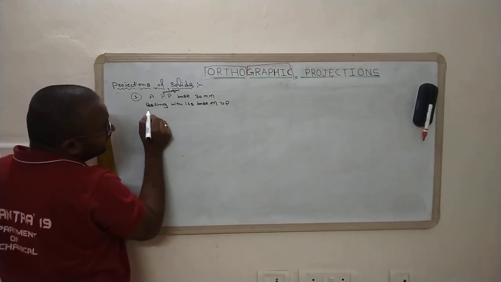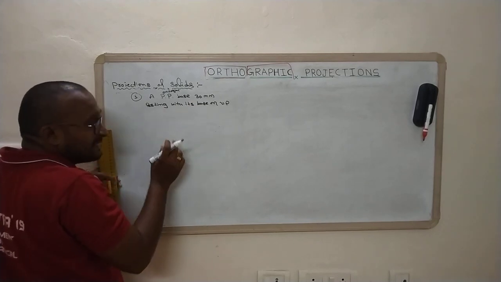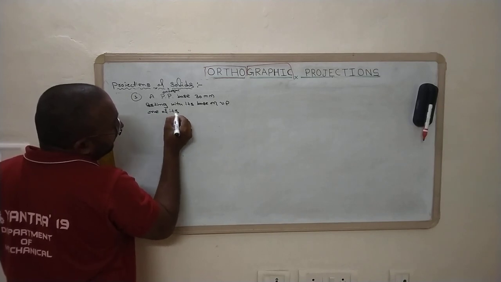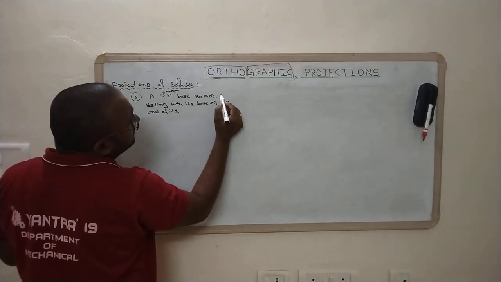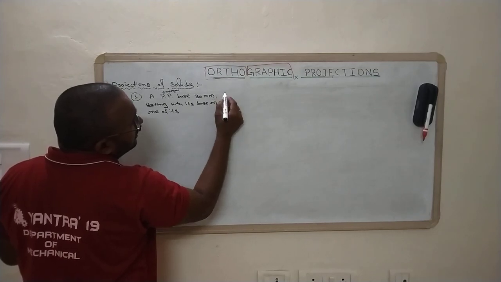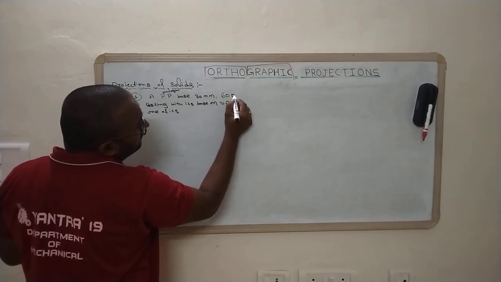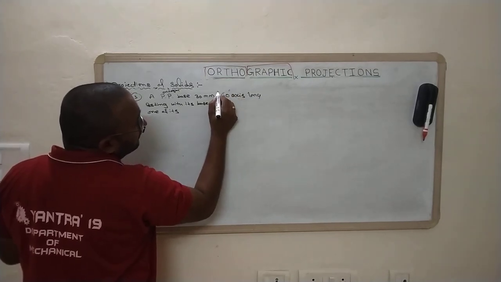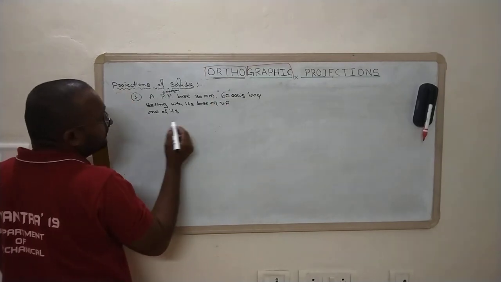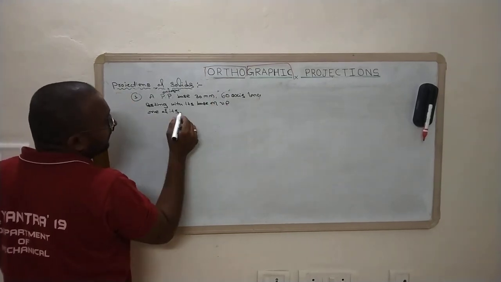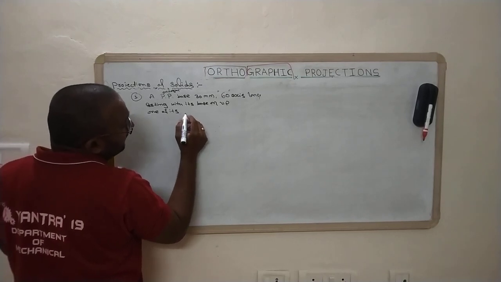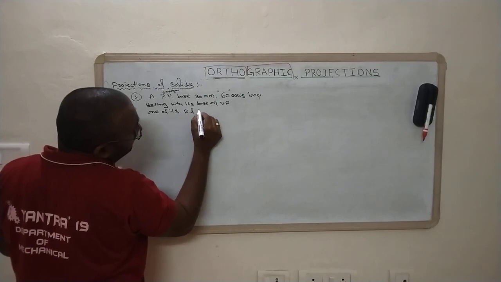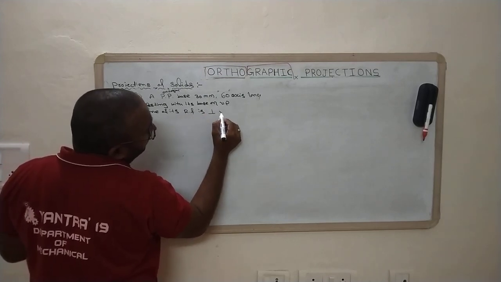And then one of its rectangular faces, having 30 mm base, 60 mm axis long, one of its rectangular faces is perpendicular to VP.